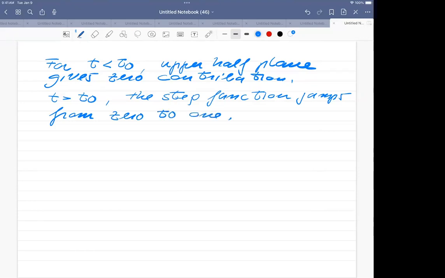And we know that the derivative, just to remind you of the basic mathematics of the step function, of the step function of t minus t0 is equal to delta of t minus t0 here.